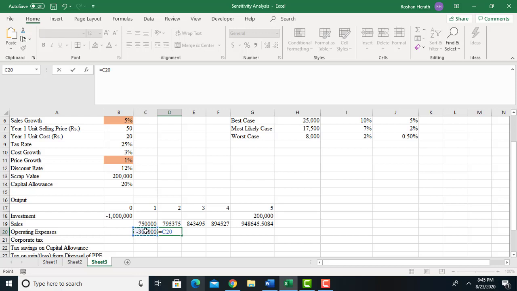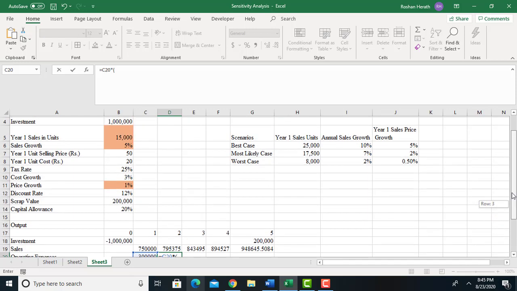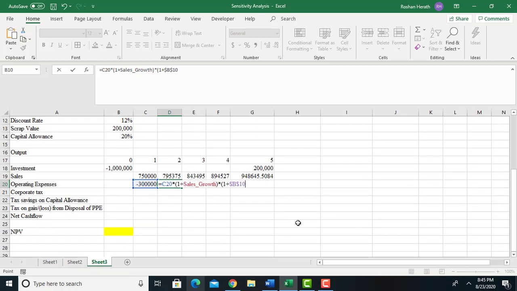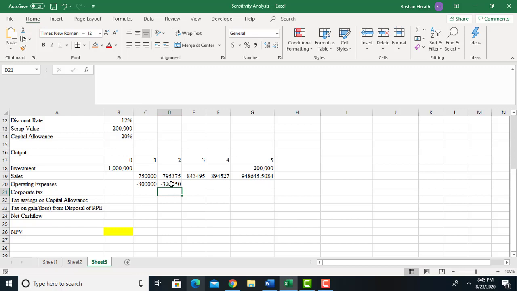Then from the second year onwards, you refer to the previous year and take 1 plus growth in units, as well as the growth in cost. Cost growth is also given, that must be incorporated. So now you can simply drag them.